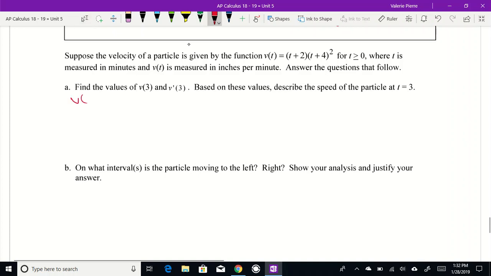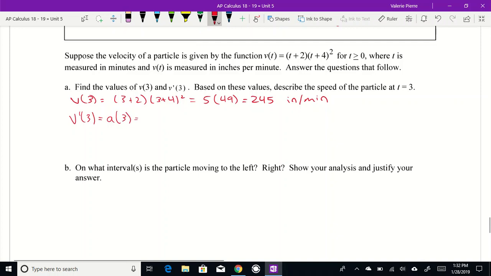So v of 3 is equal to 3 plus 2 times 3 plus 4 squared, which is equal to 5 times 49, which is 245 inches per minute. So since that's positive, we're looking to see if the derivative of v of t is also positive, since the derivative is the same as acceleration.